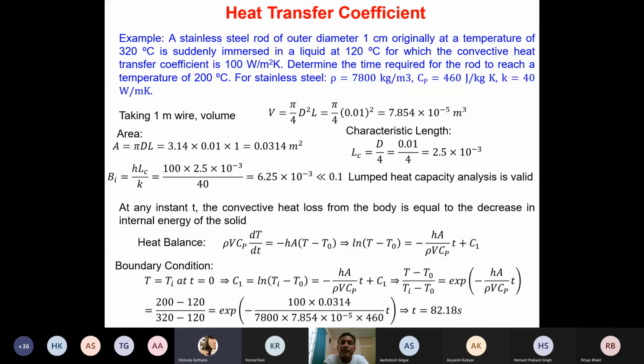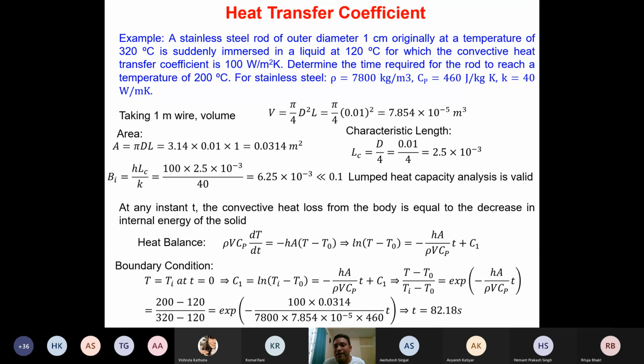Okay, see, for example, instead of this rod, if we had a spherical ball, then the characteristic length would have been in terms of the radius, or the diameter. As for applications, this is primarily used whenever there is a sudden quenching of the surface.